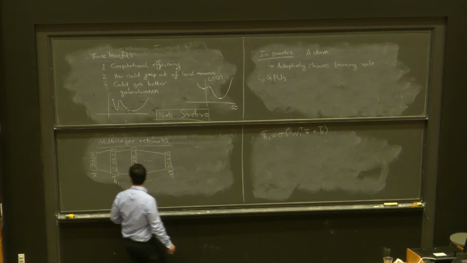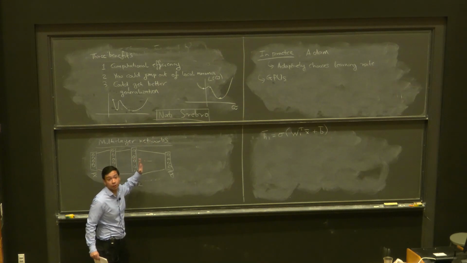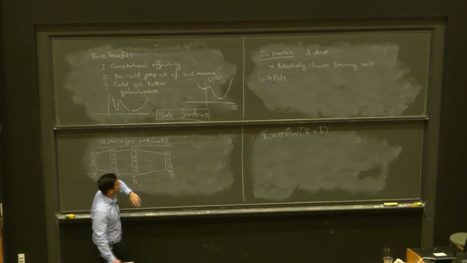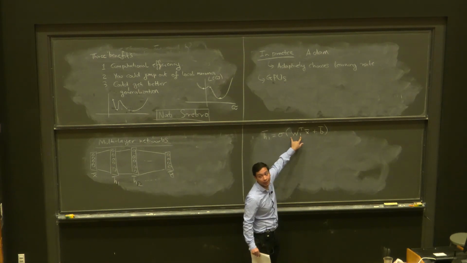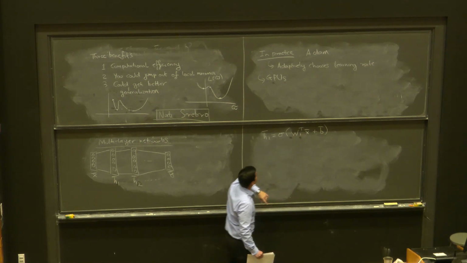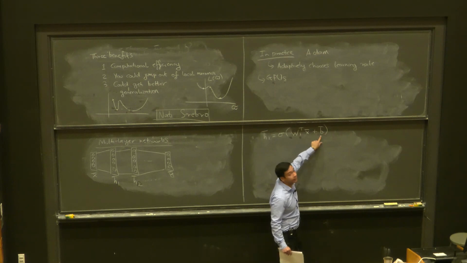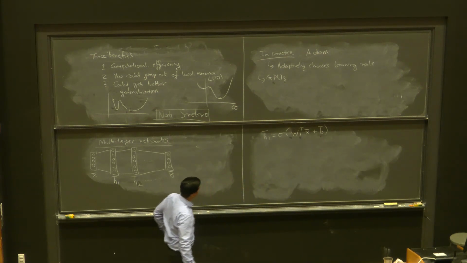Each of these, like h1, is going to be a vector. So instead of just a vector weight, we have a weight matrix, and instead of a scalar bias term, we have a vector bias term.